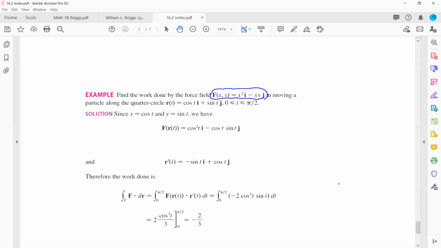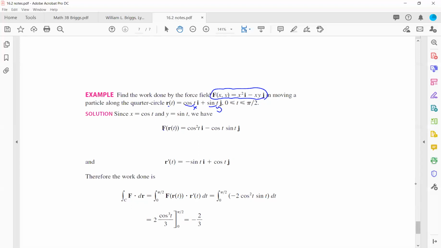So first, substitute r(t) into function F. Your x is cosine, your y is sine, so F of r(t) is x squared, which is cosine squared t, and negative xy.